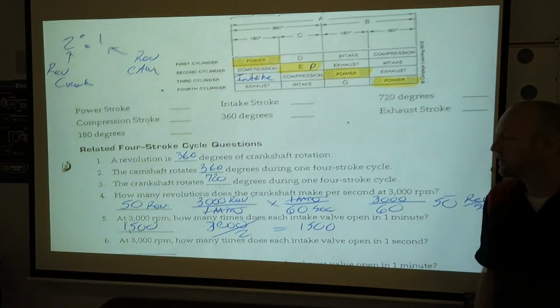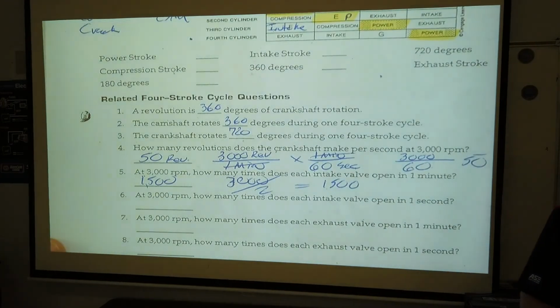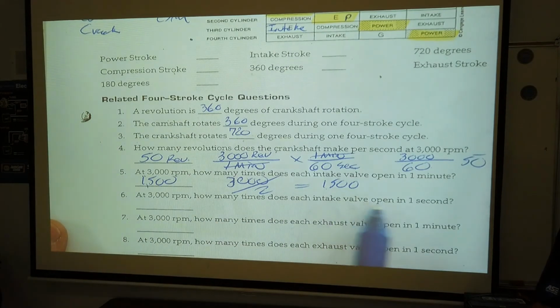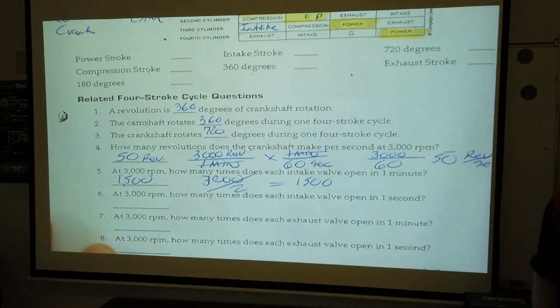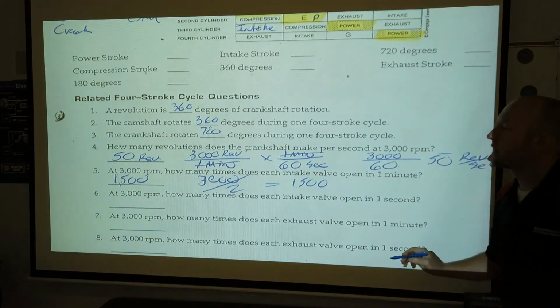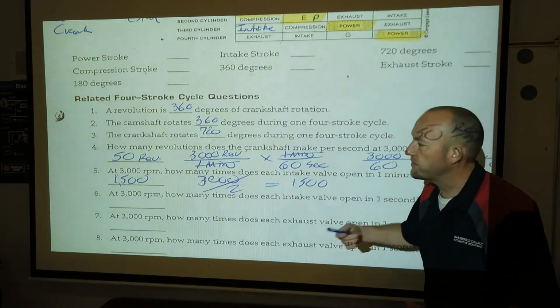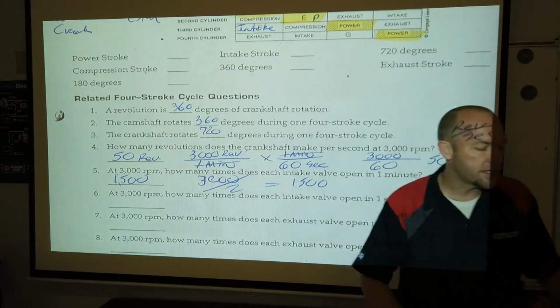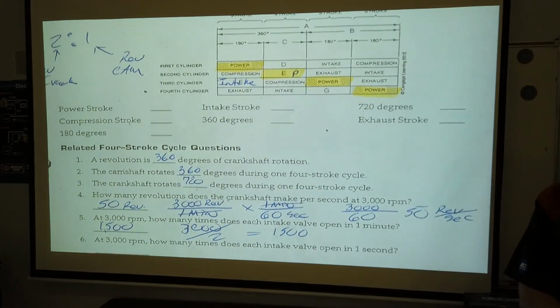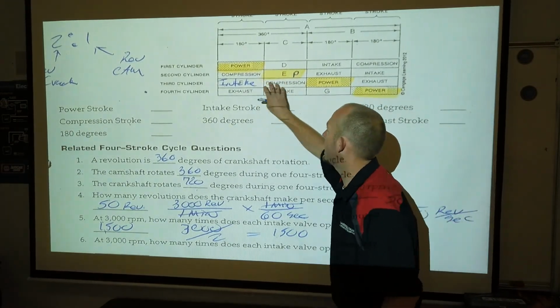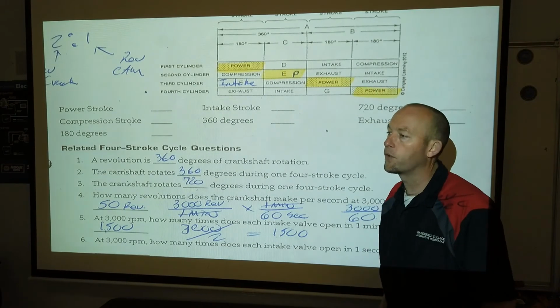Pretty impressive. So then, if we answer question number 6, at 3,000 RPMs, how many times does each intake valve open in 1 second? We already know from here how many revolutions the crankshaft makes in a second: 50 revolutions. Then we look at our diagram and say, every other revolution completes a 4-stroke cycle. It takes 2 of these revolutions to complete a 4-stroke cycle.